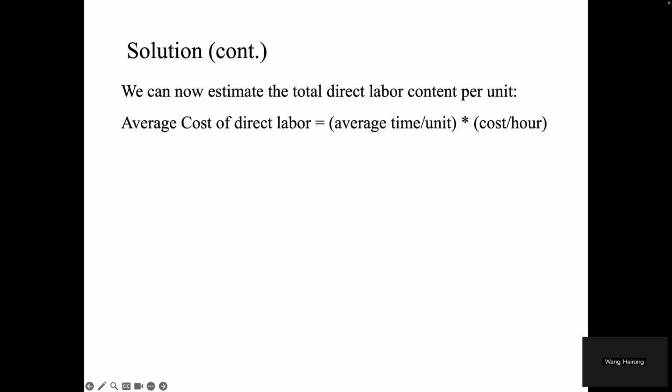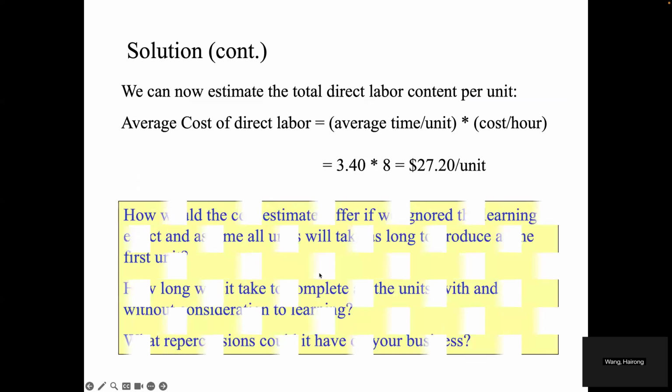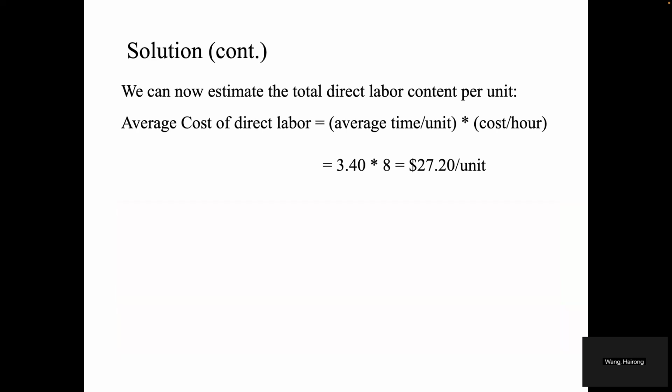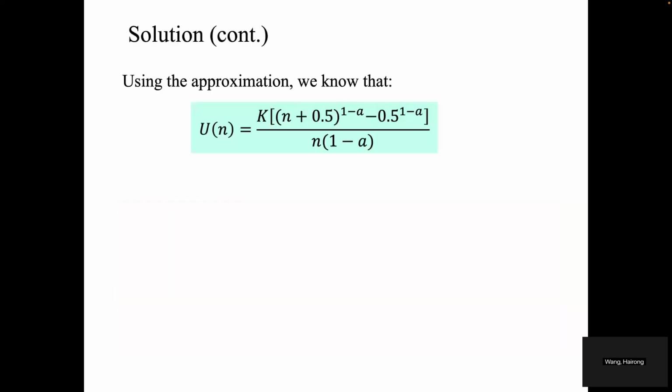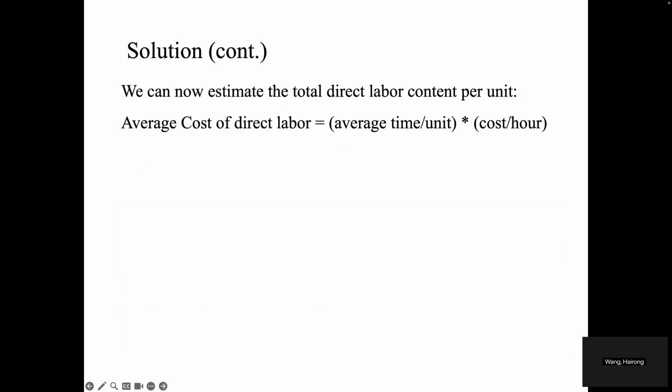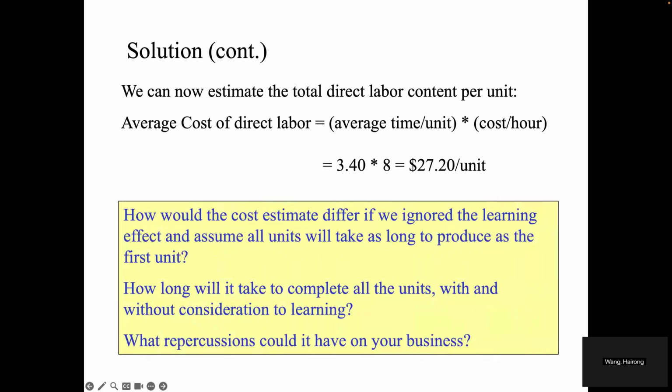And in our case, if we consider the learning effect, we can use the average time per unit, which equals 3.42. Then the total time required to produce 15 units equals 3.42 times 15, which equals 51.22 hours.